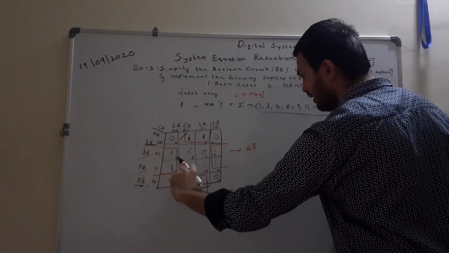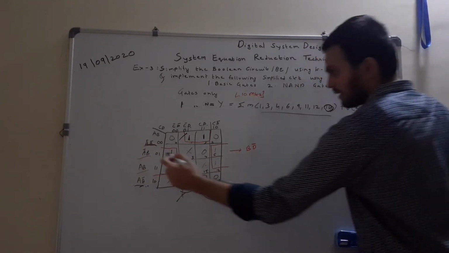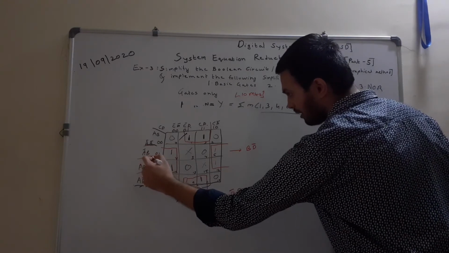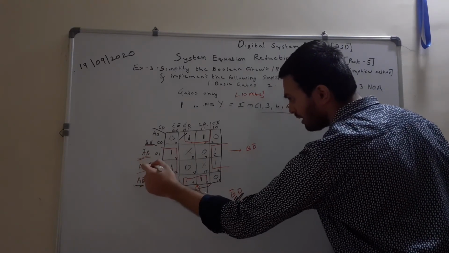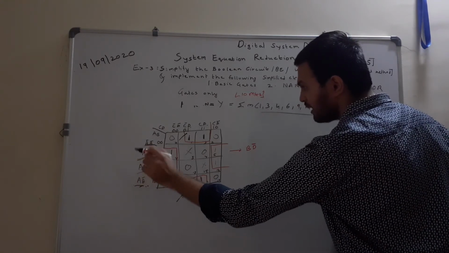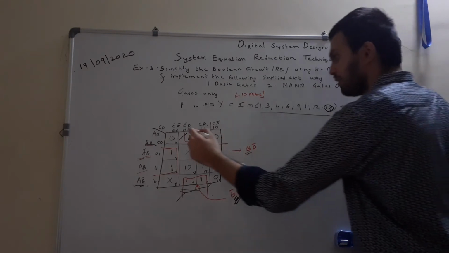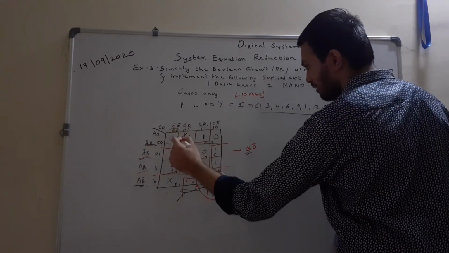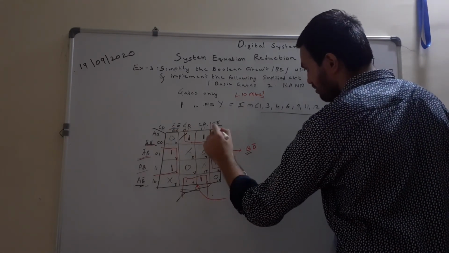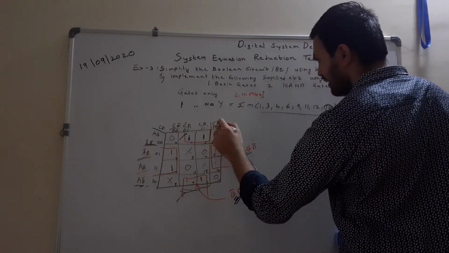Min terms 4, 12 and 6, 14 form a quad together. Now let us read this. Let us read the row values first: A bar B and A B. Here A bar changes to A, so A will be eliminated, only B will remain. Now we look at the values corresponding to the columns of the quad: C bar D bar and C D bar.